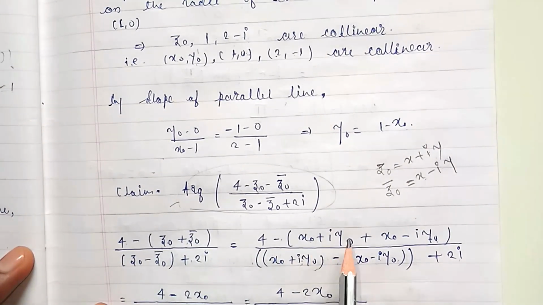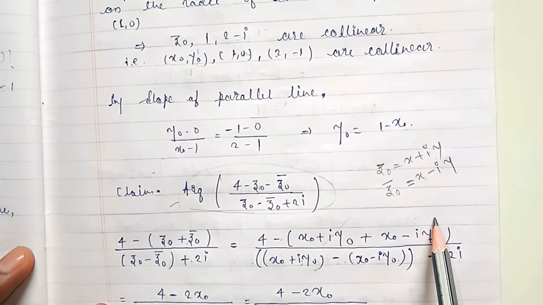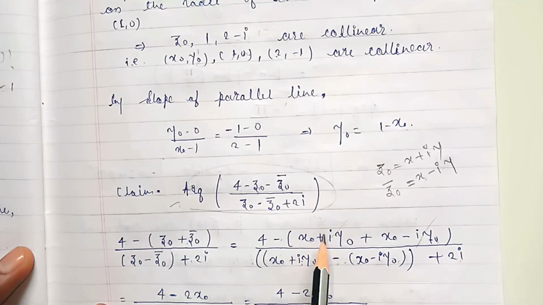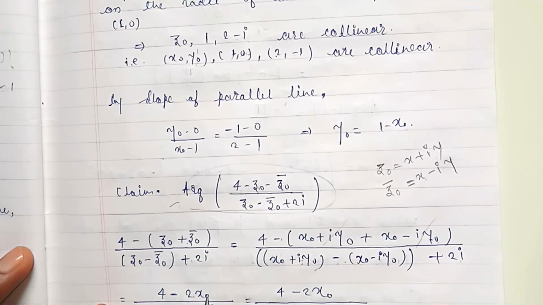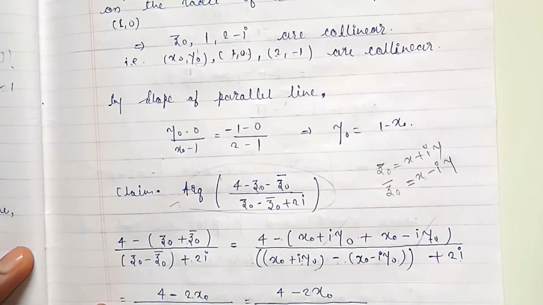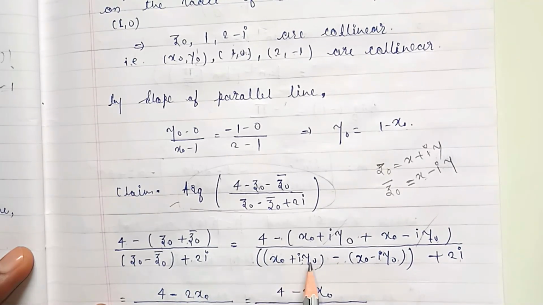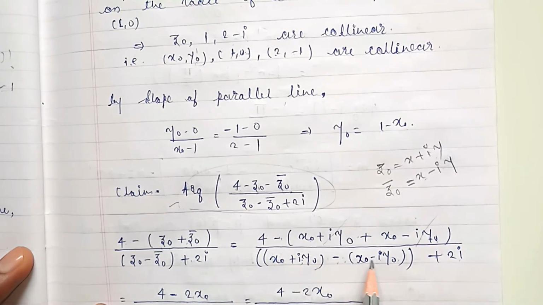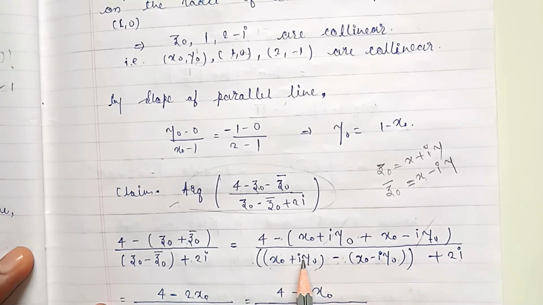So what we can cancel: plus i times y naught minus i times y naught cancel. x naught plus x naught, 2 times x naught. So 4 minus 2 times x naught. In the denominator, x naught plus i times y naught minus x naught plus i times y naught. Okay, so plus x naught minus x naught get cancelled, plus i times y naught minus minus plus i times y naught gives 2 times i times y naught, and plus 2i as it is here.